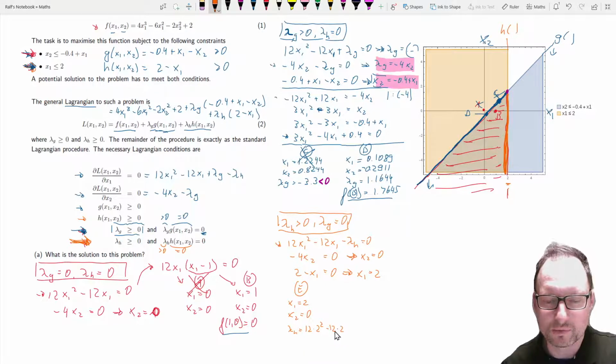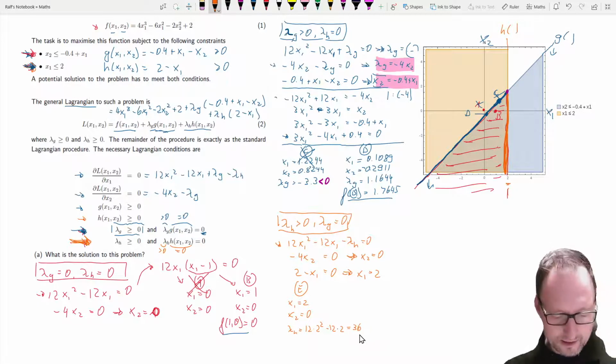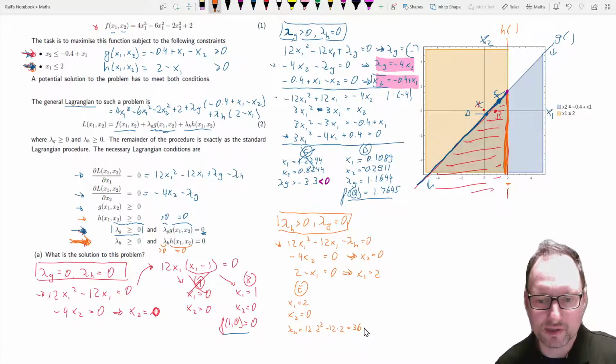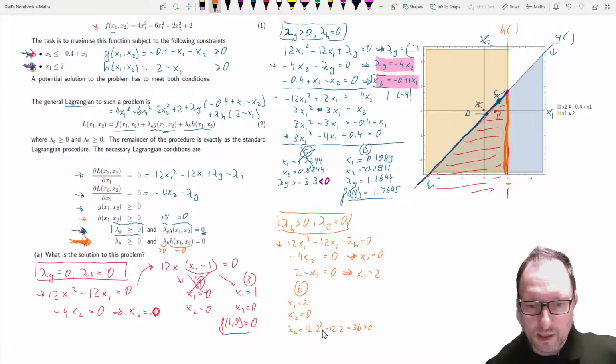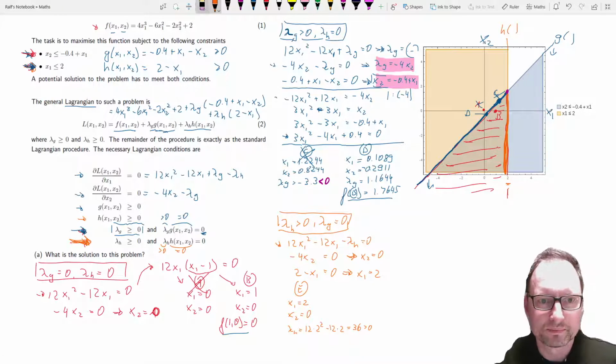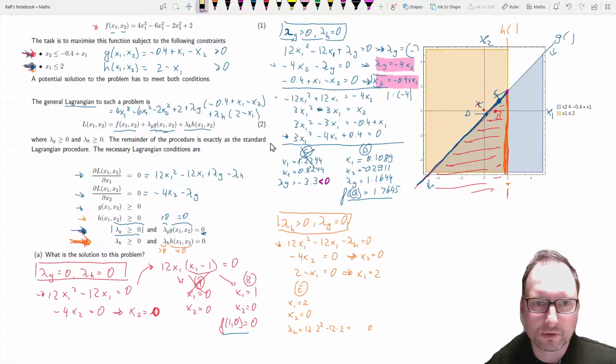So 2 squared, that's 4, 12 times 4 is 48... Is it actually 36? Hang on. No, sorry, it's 24. There you go. Too quick. So it's 24, and that is larger than 0, of course, as it should be.